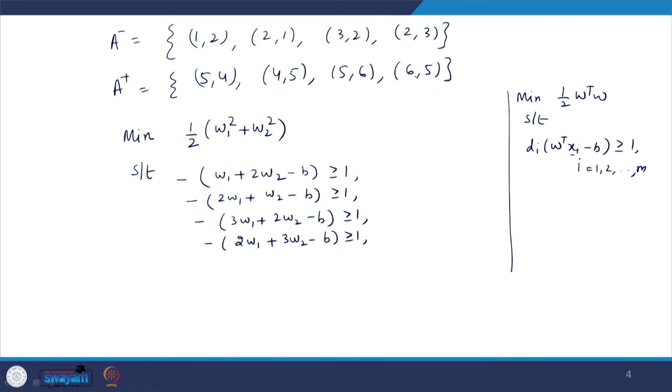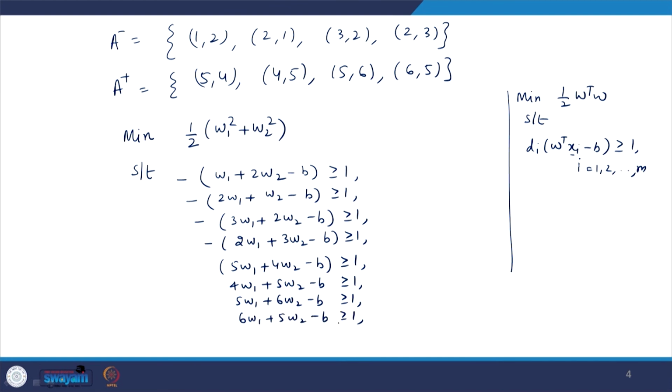Now, come to the plus patterns for the plus 1 class. di will be plus 1. So, that will be 5 w1 plus 4 w2 minus b greater than or equal to 1, 4 w1 plus 5 w2 minus b greater than or equal to 1, then 5 w1 plus 6 w2 minus b greater than or equal to 1, then 6 w1 plus 5 w2 minus b greater than or equal to 1, and of course, w1, w2 and b are unrestricted.